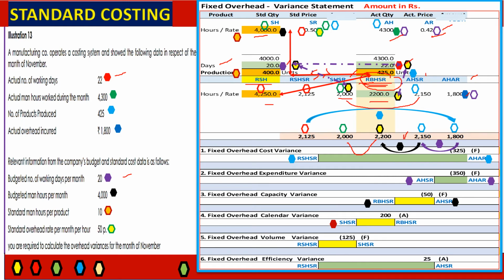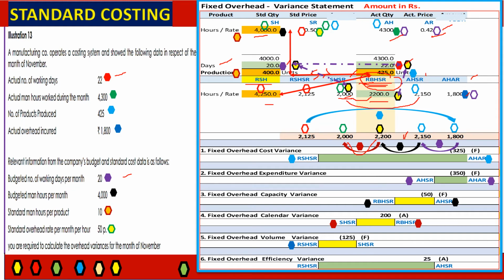And this calendar is because of 2000 being made pro rata to 22 to 2200, means there is an increase of 200. This point we have to understand. SHSR to RBHSR is the calendar variance. 2200 minus 2000 is 200 positive, therefore adverse variance.